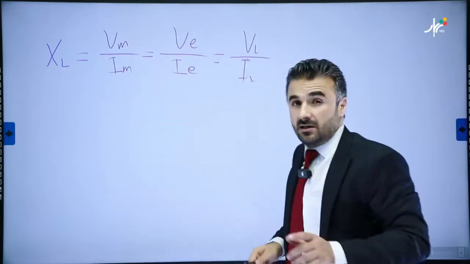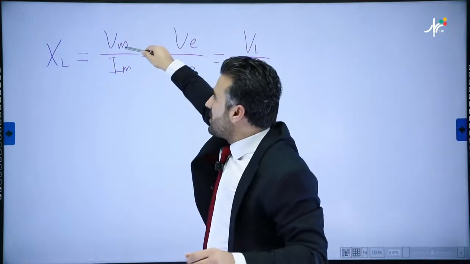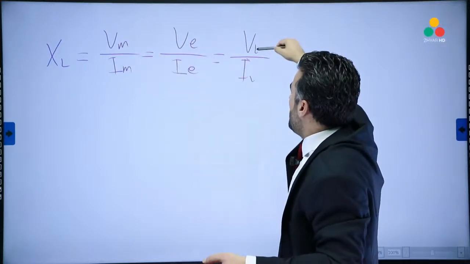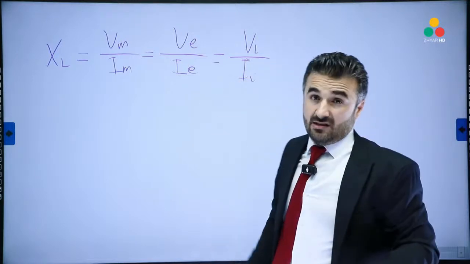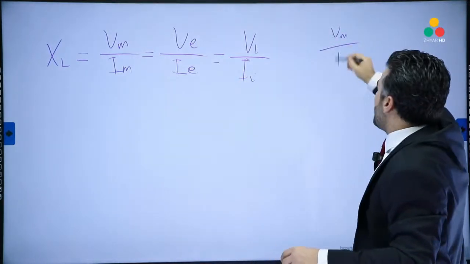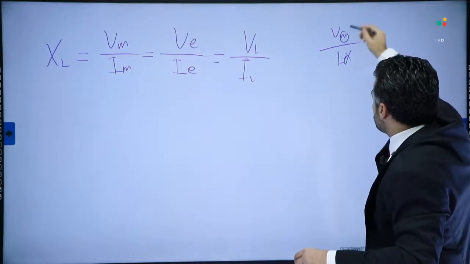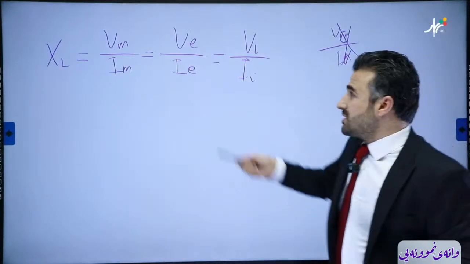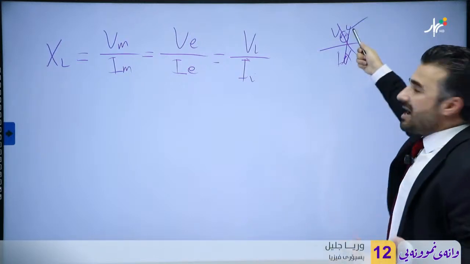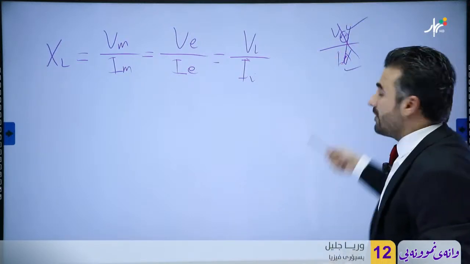But one thing you need to know, it always has to be the same kind. If it is maximum, you have to use maximum. If it is effective, effective, and instantaneous, instantaneous as well. Remember, we cannot use V maximum with, let's say, I effective. These are not the same, so you cannot use this. So what do we do if one of them is maximum, let's say maximum voltage is given, and effective current is given?